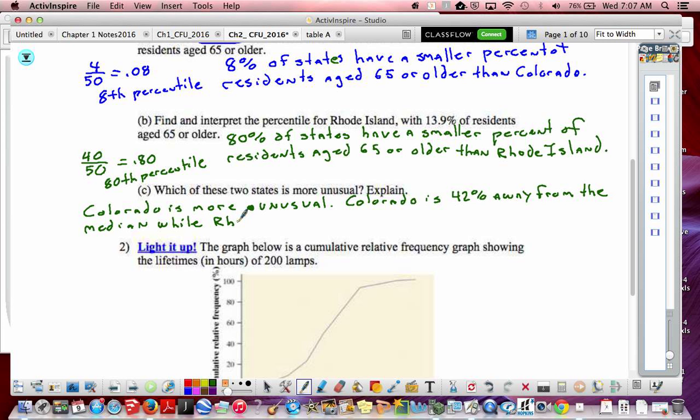while Rhode Island is only 32%, I'm sorry, not 32%, 30% away from the median.